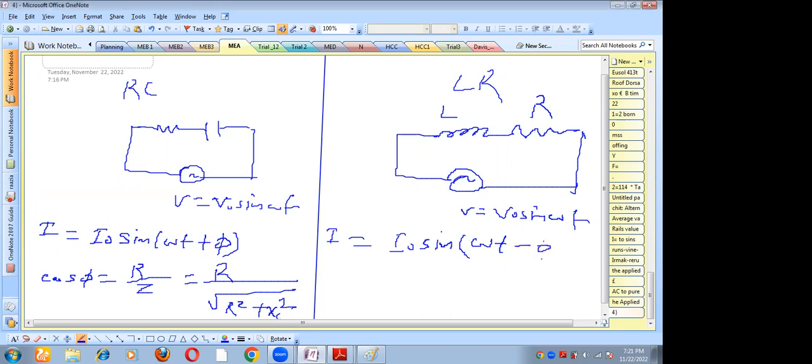It will be minus phi, where cos phi is equal to R by Z, and Z will be the square root of R square plus X_L square.